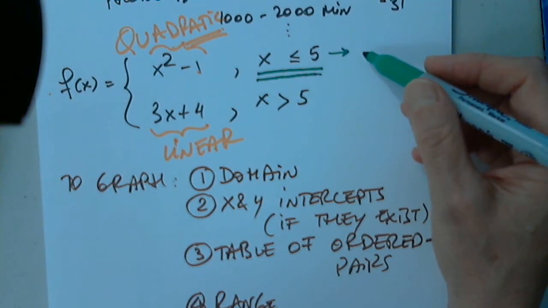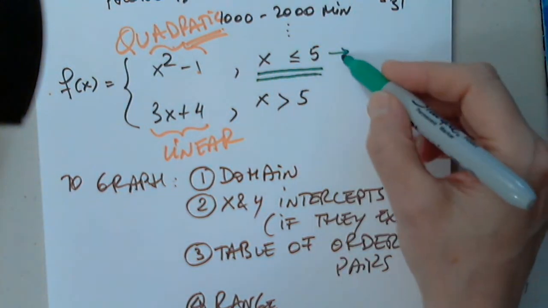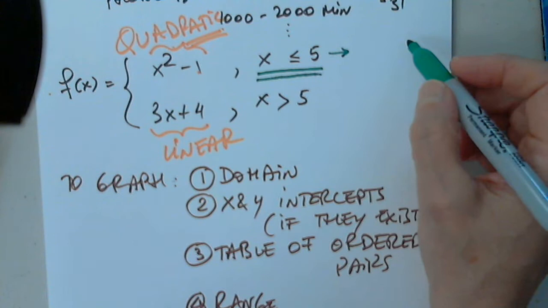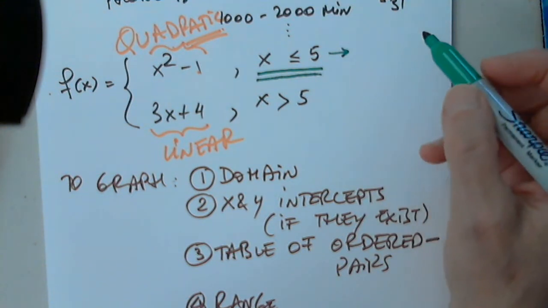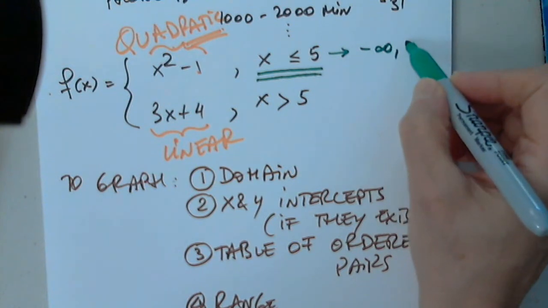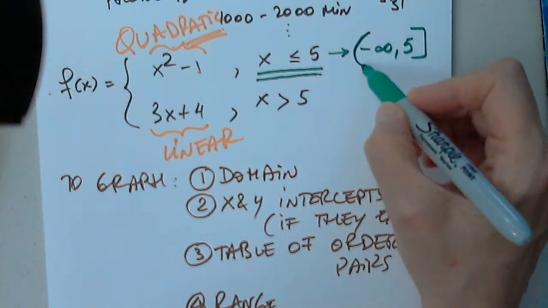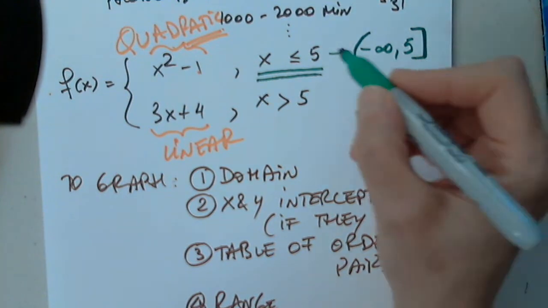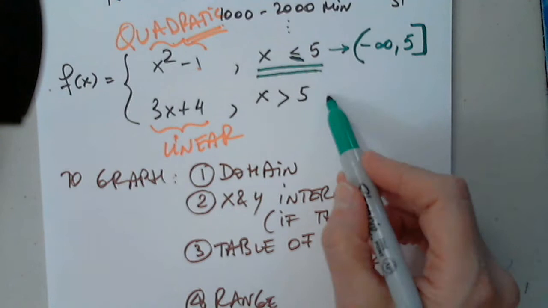Bracket, and then negative infinity, 5. Excellent. Thank you very much. The bracket signifies the equal symbol. Excellent. Thank you, Quinn. Good.